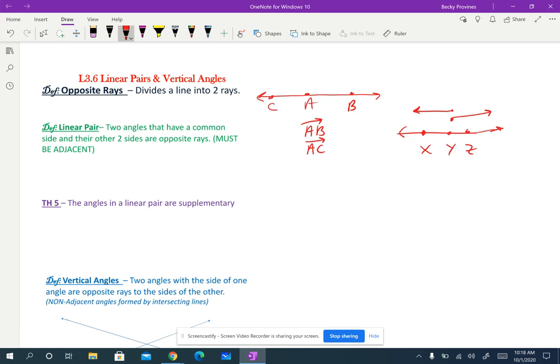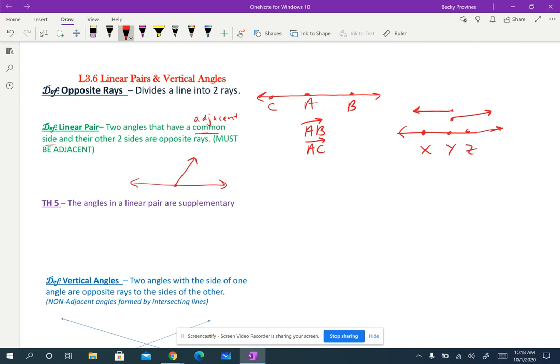Now, whenever you have a linear pair, they talk about opposite rays. It says two angles that have a common side, but their other two sides are opposite rays. All right, so let's put this in easier terms. It's two angles that come together, and they have to be adjacent. They have a common side, which we know means adjacent.